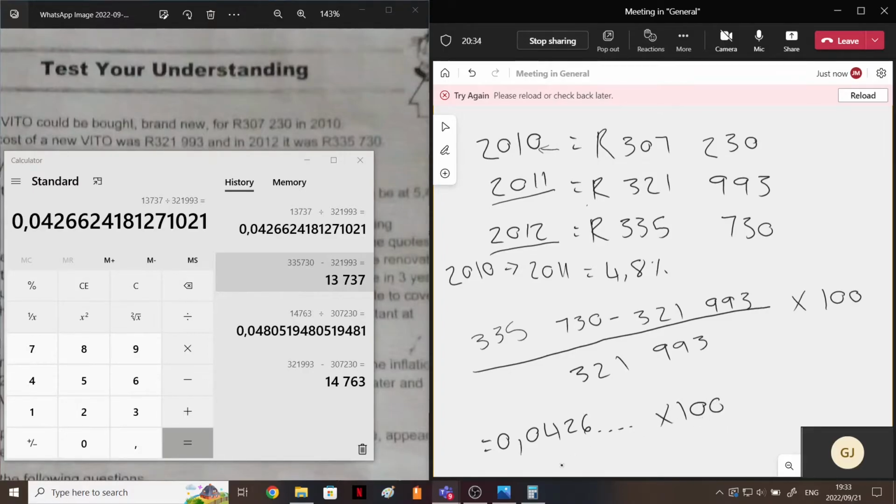The comma moves 2 places to the right, and we end up with 4.26%. So to answer the question, which year was higher, 2010 to 2011 or 2011 to 2012, you obviously answer 2010 to 2011, seeing as though the 4.8% is higher than the 4.26%.